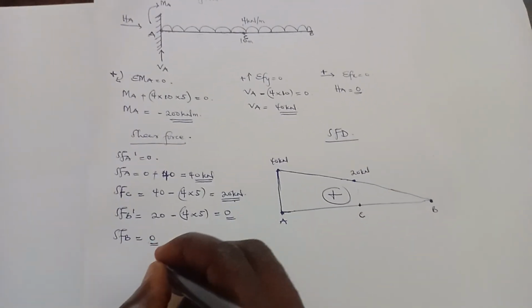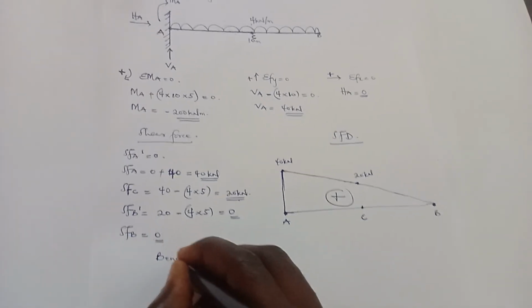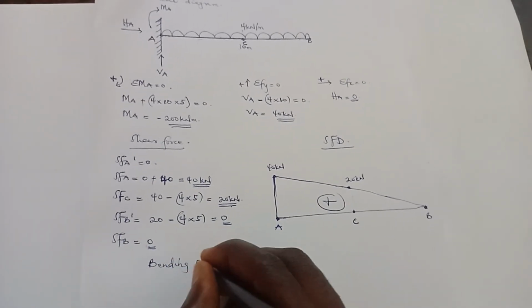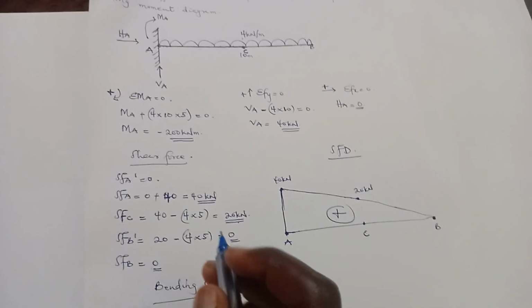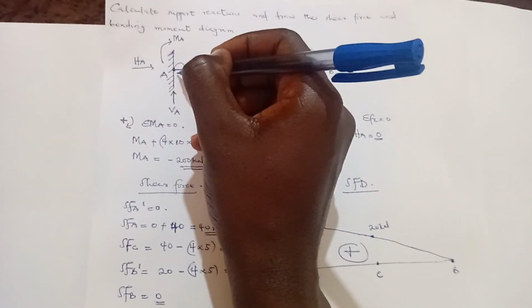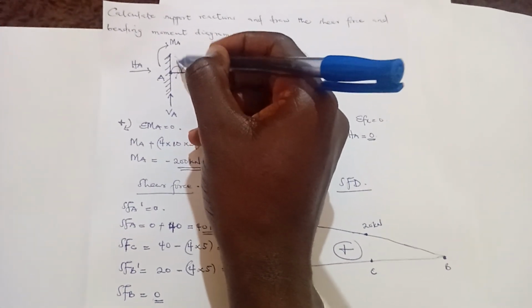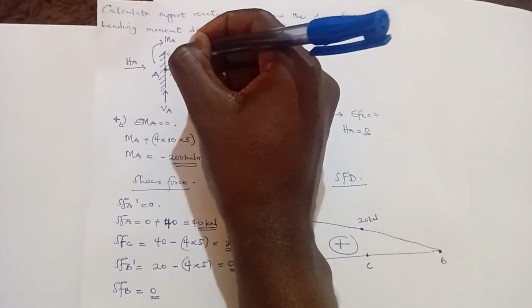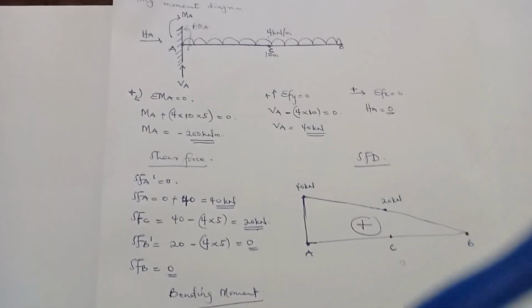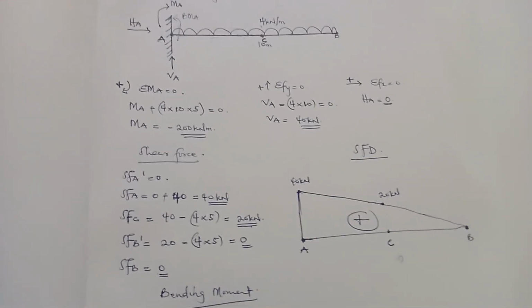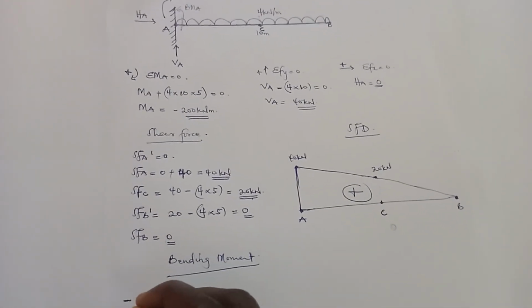So let's deal with the bending moments. The bending moment at A, let's take the bending moment to our left. We'll call this BMA. It's moving in the anti-clockwise direction, so negative BMA.